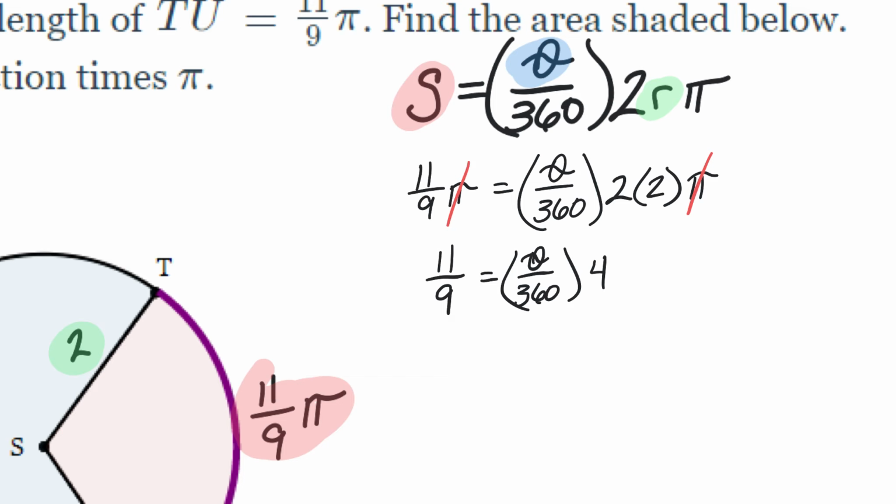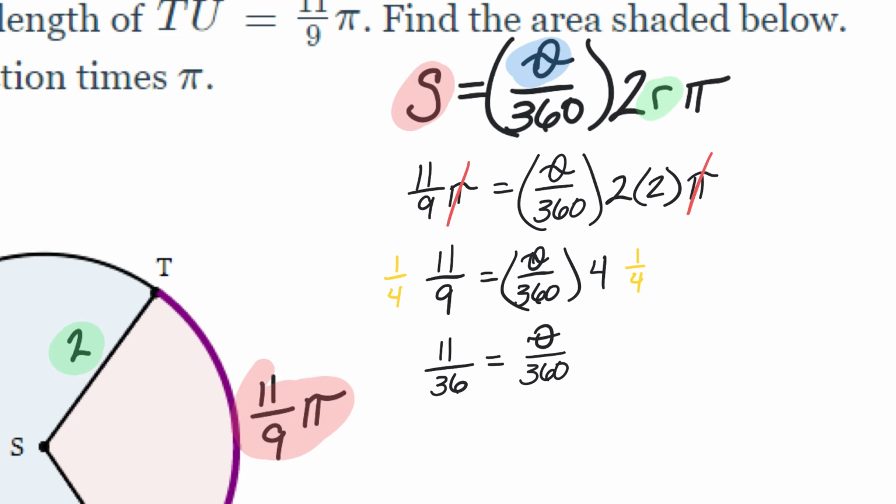So I need to get rid of 4. The way I do that is I divide by 4, or I multiply times its reciprocal. The reciprocal of 4 is 1/4. I like doing that on this particular question because we have a fraction on the other side. So here's what we've got, just like you see there.